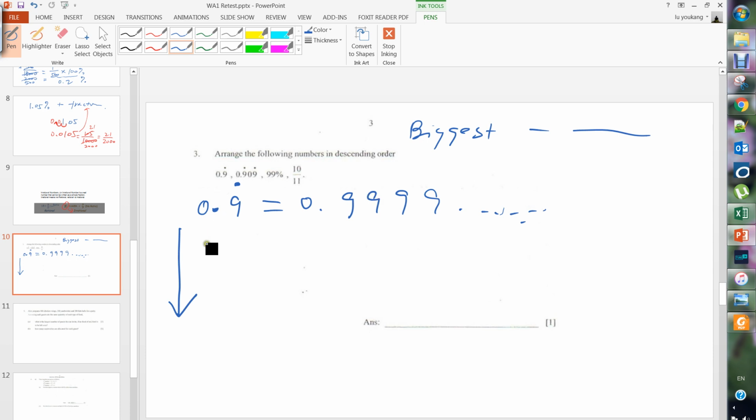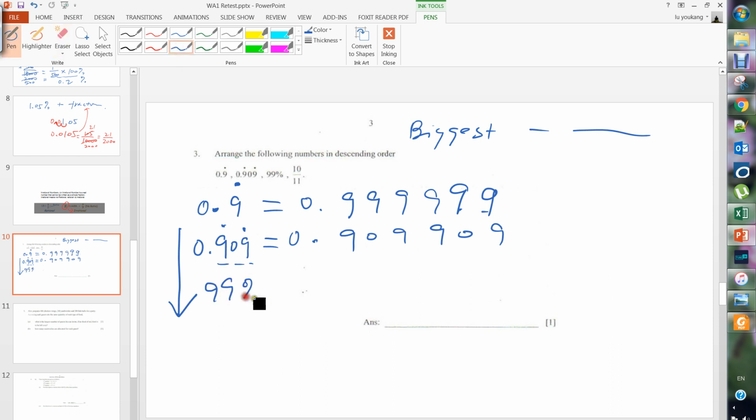Okay, next 0.909. What this means is this 3 will repeat itself. I want to give more 9s so that you have a better comparison. Okay, next 99%. So 99% is 0.99. Okay, next, 10 over 11.